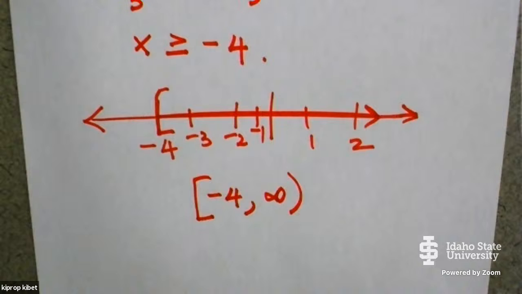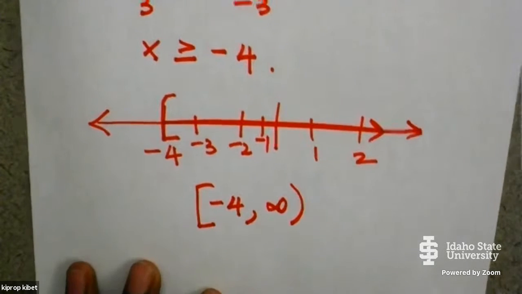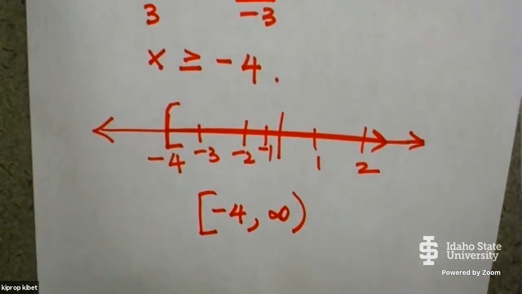So let's introduce section 2.6, which is the compound inequality. Any question? Or you want to leave? If you want to leave, you can leave. We can do this on Friday, right?